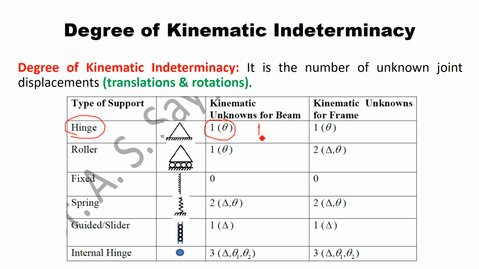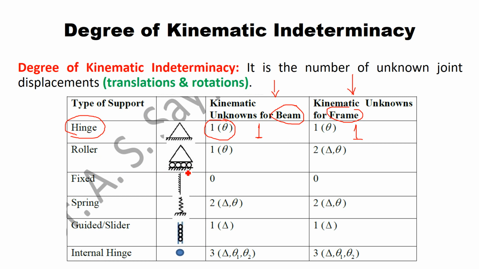So the degree of kinematic unknown at a hinge support is 1, and that is rotation. In the case of a beam as well as a frame, the second column is of the frame structure, the first column is of the beam structure. So in both cases, for a hinge support there is one unknown, that is rotation.